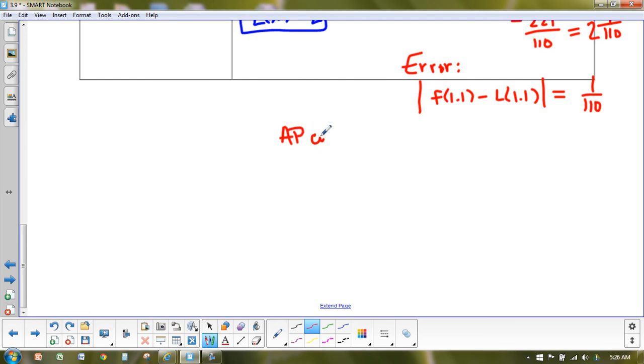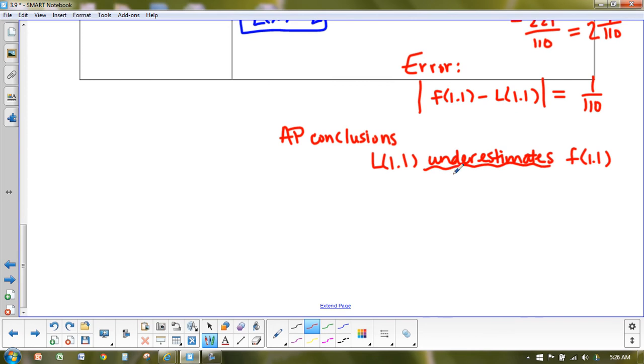So going back to what we talked about last week, if your tangent line is an underestimate, that should ring a bell that it's a concave up shape. So that could tell you that f is concave up at x equals 1.1, and actually in a small neighborhood, small region around 1.1.